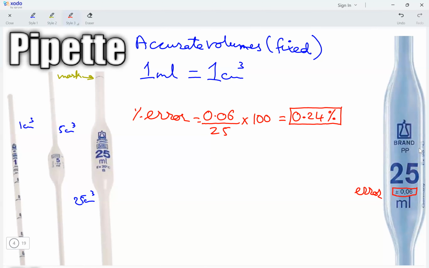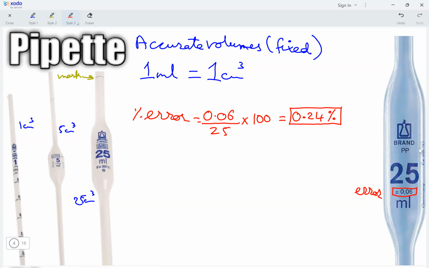However, pipettes with fixed volumes can only be used. So the use of pipettes would be limited to experiments where such fixed volumes are needed. Other than these, if we have to use variable volumes, we would need to use a burette for measuring accurate variable volumes.